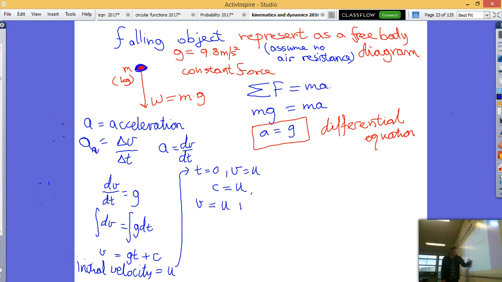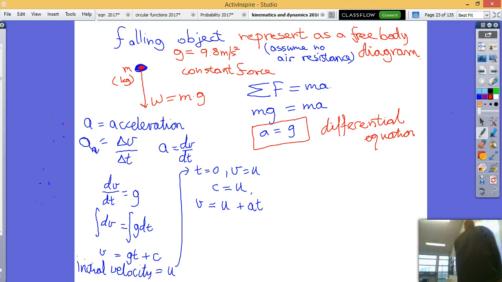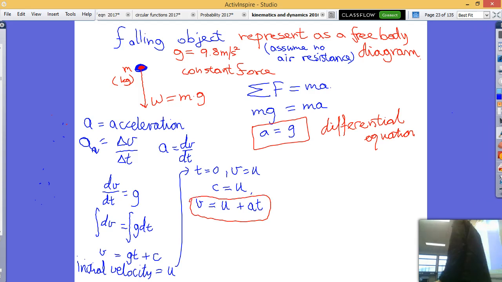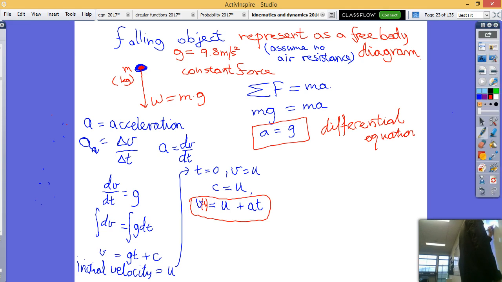Put that back in, and we achieve this solution: velocity as a function of time. The initial velocity plus acceleration multiplied by time.